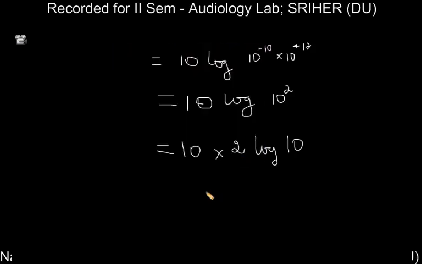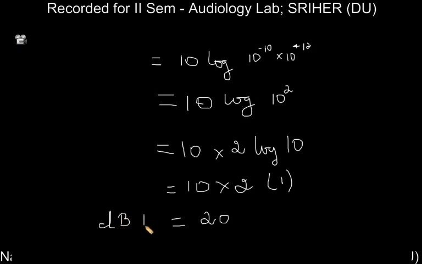Substituting this value in the above equation, we get 10 into 2 into log of 10, which is 1, and that makes the value 10 into 2, which is 20. So an observed intensity of 10 to the power minus 10 will give the intensity level of 20 decibels.